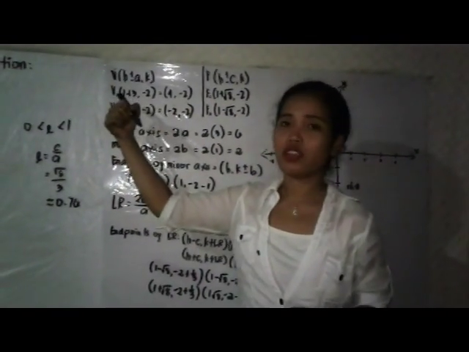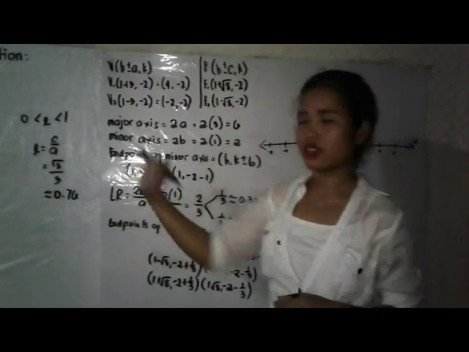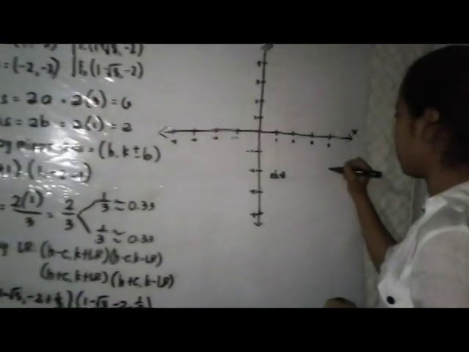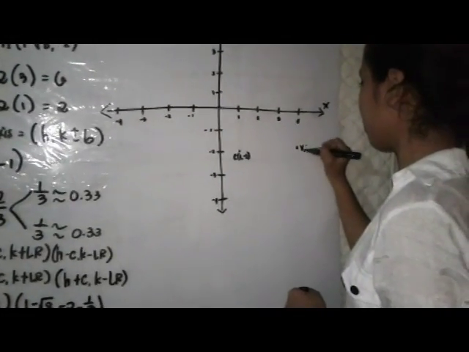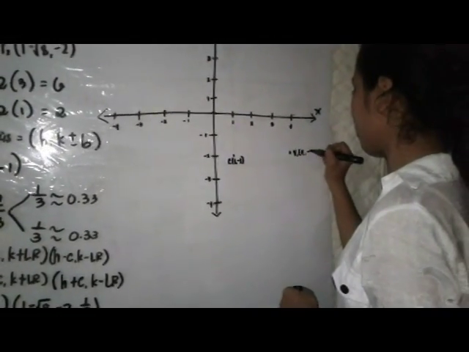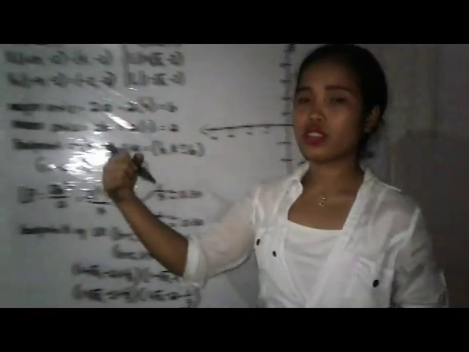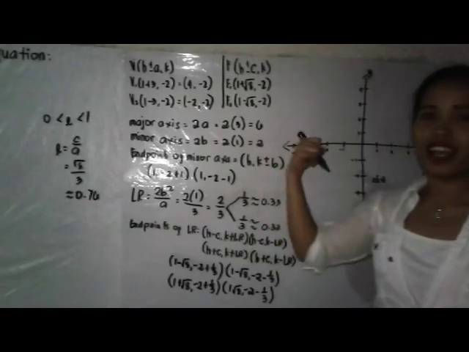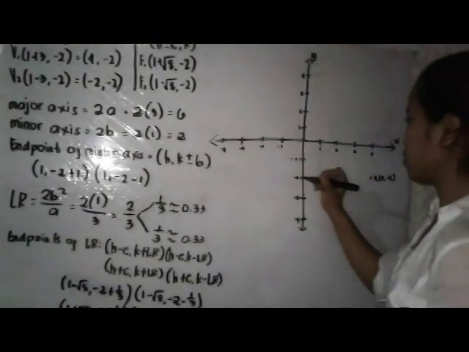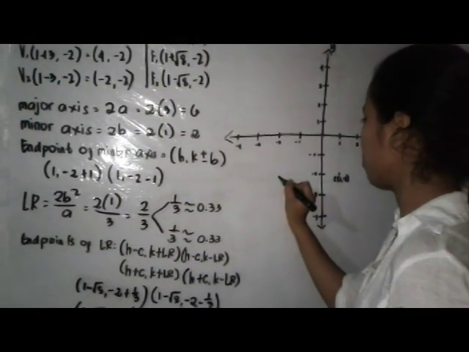So our vertex 1, it is positive 4 and negative 2. Next is our vertex 2. We have the negative 2 and negative 2. So this is our vertex 2.